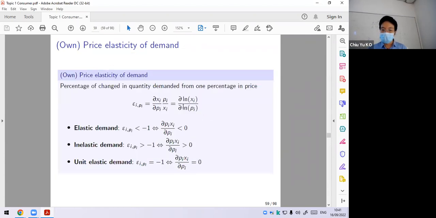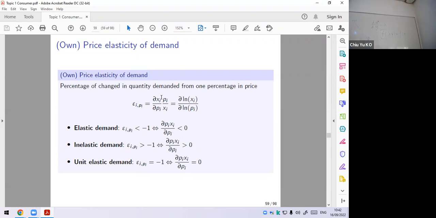And this one is often used also in macro. Later when I talk about IO and competition, it will become very clear why we talk about this, because that is what we call the inverse elasticity rule.